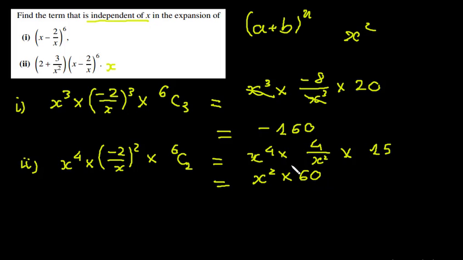Why did I choose 4 and 2 here? Because when they multiply by each other, they will cancel to form the x squared.